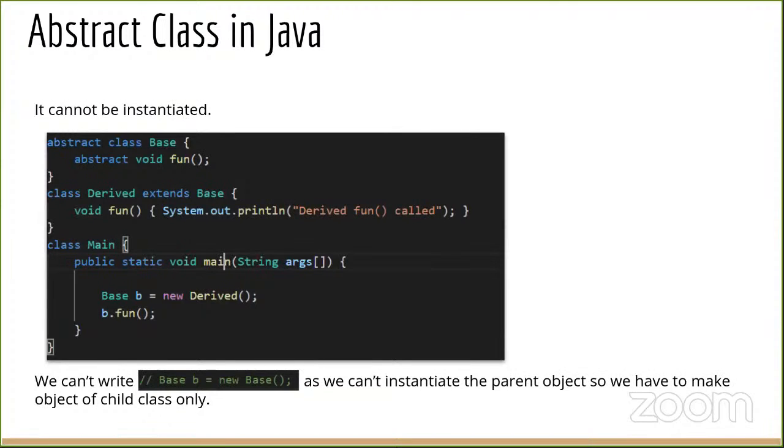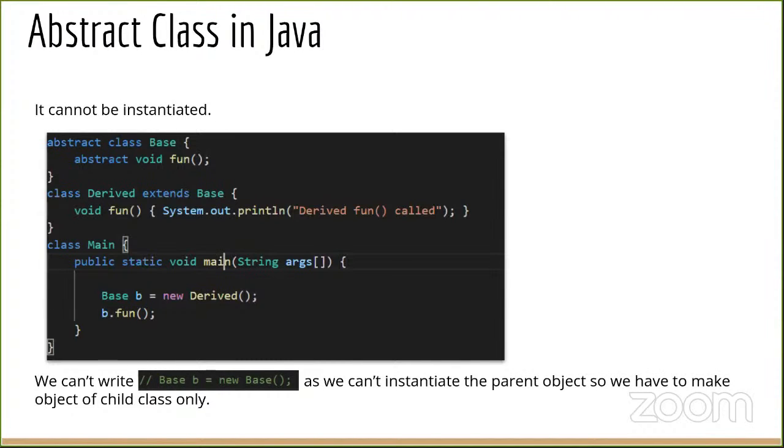As we have seen in C++ also, we can't instantiate abstract classes. For that we have to make derived classes, and as we can't make direct objects of base classes, we have to make instances of derived classes, and then we can call the functions in it.